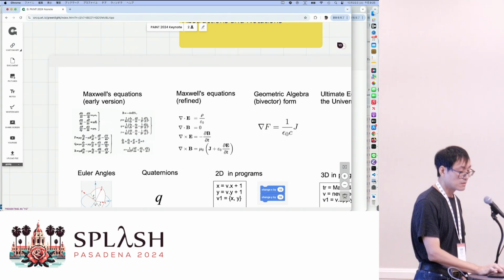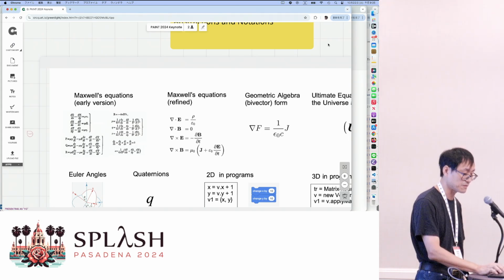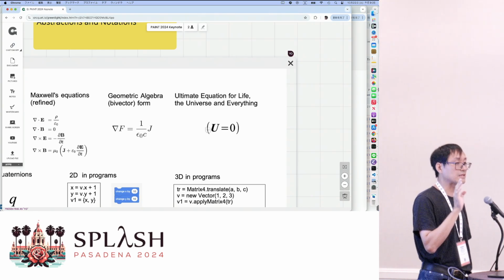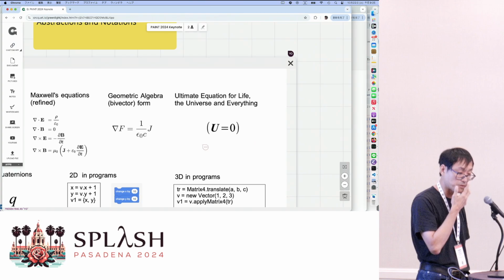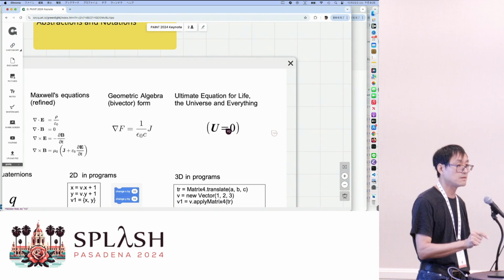But then, we need to go to the extreme case. So why do we stop at an equation that describes only the electromagnetic field? Actually, I know the formula that describes everything in the physical world, and that looks like this: U equals 0.